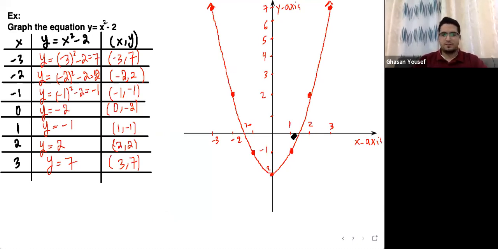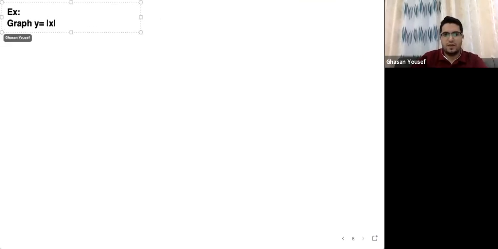Another example. We have another example. The example is graph y equal the absolute value of x. So to graph something like this, we have to again use the table. So the table, something like this here again.